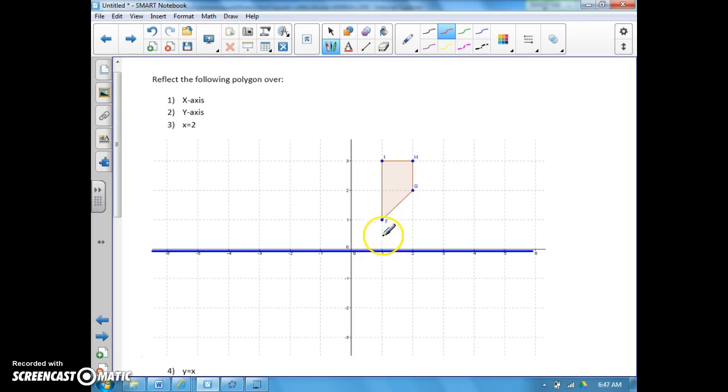So if F is 1 unit away, then F prime also needs to be 1 unit away. And if we were to connect these two, that would make a right angle. So I is 3 units away, so I prime needs to also be 3 units away.